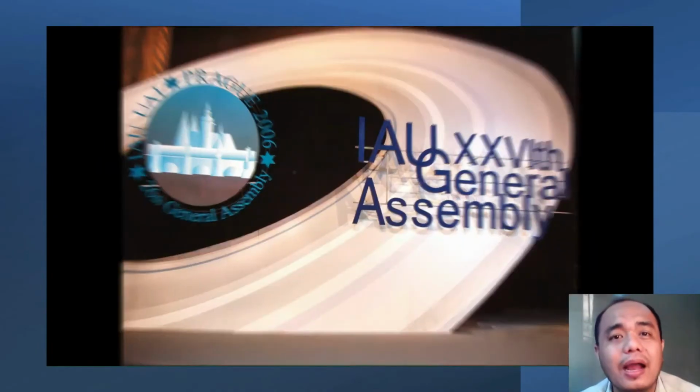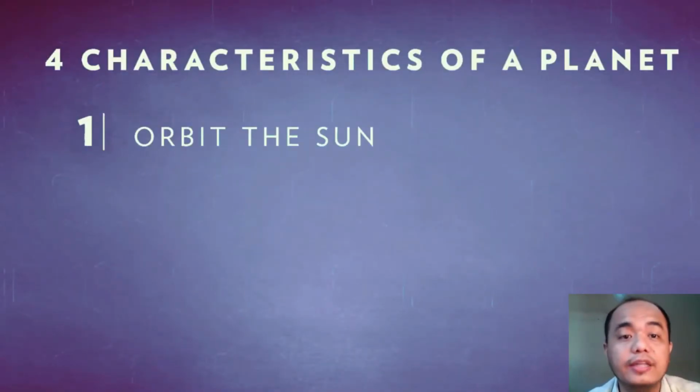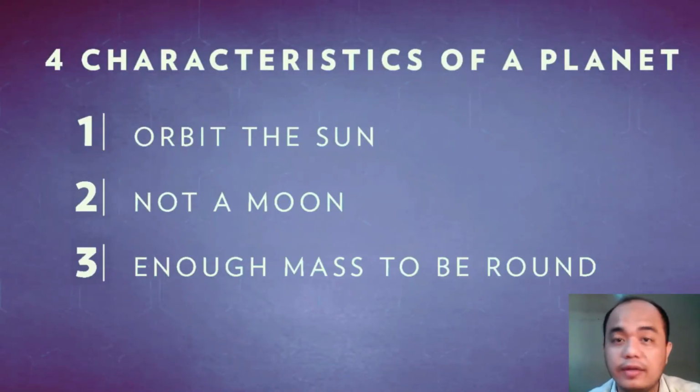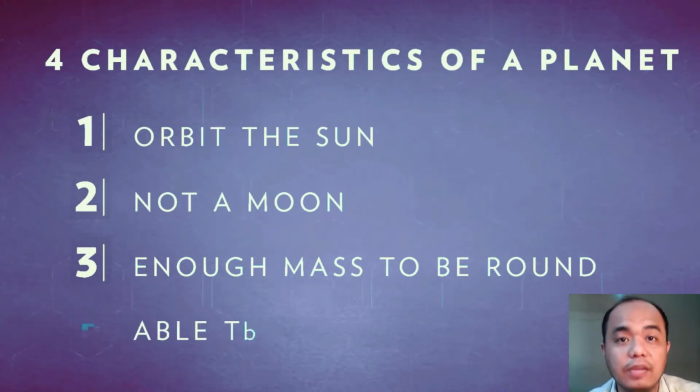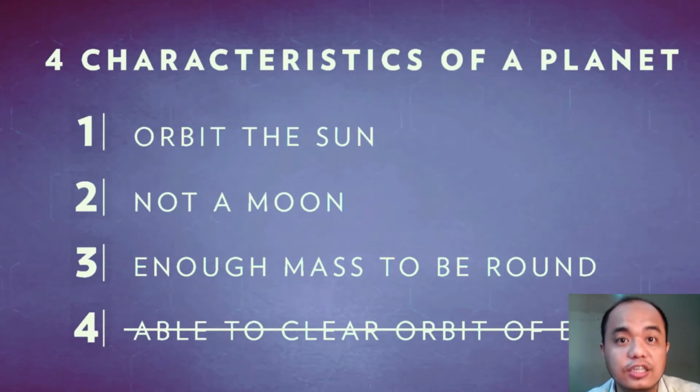Now, ano ba ang mga characteristics ng isang major planet? A major or true planet should orbit the sun, not the moon, have enough mass to be round, and be able to clear its orbit of debris. Yung pang-apat na karakteristik ang siyang naging dahilan kung bakit hindi nakonsider ang planet Pluto na major planet.